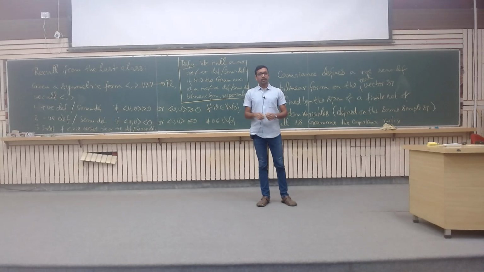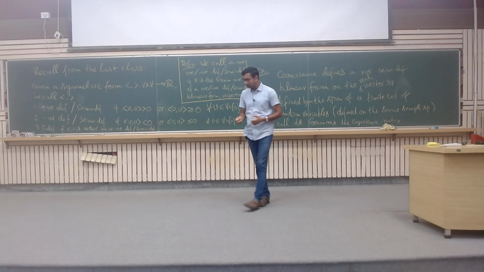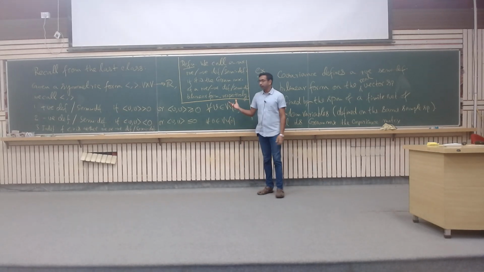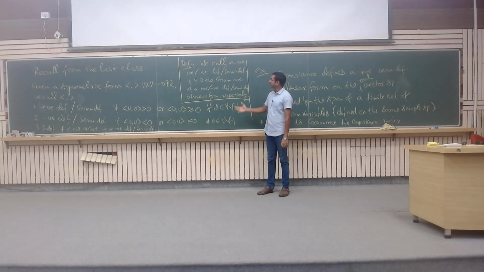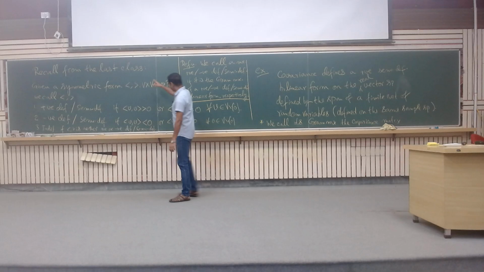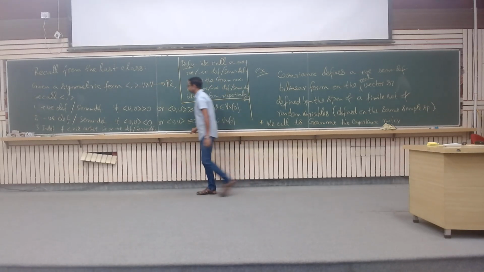It is just the outputs of the form if you input the basis vectors of some basis, so (vi, vj) is the ijth entry. Then if a given matrix represents the form, that is, if it is the Gram matrix of the form with respect to some basis, we call the matrix positive definite or negative definite or positive semi-definite or negative semi-definite if the form is so. In particular, what does it mean? I hope now the first part is clear.